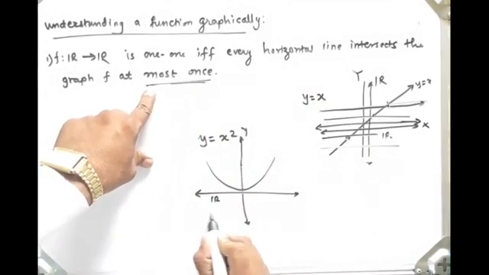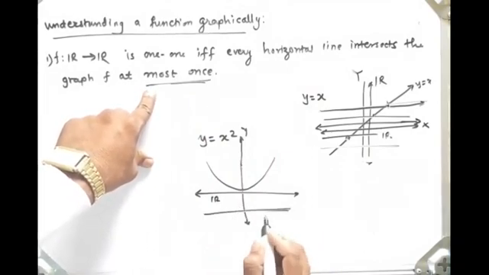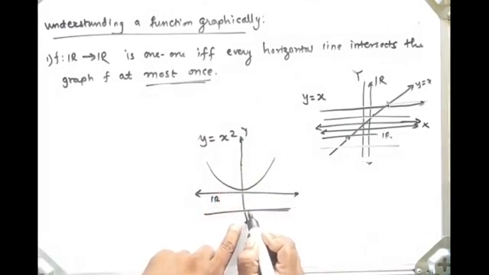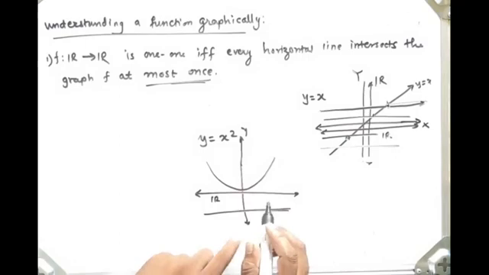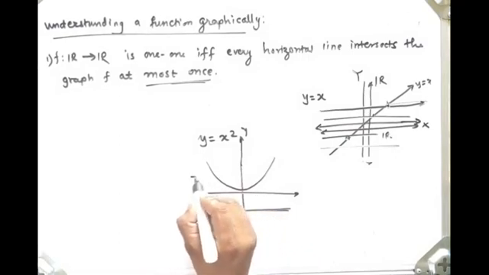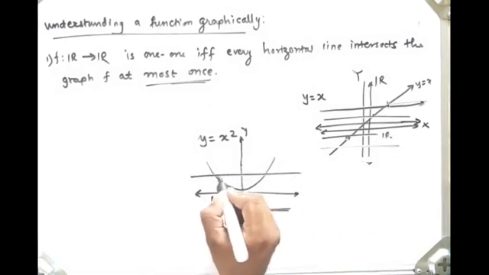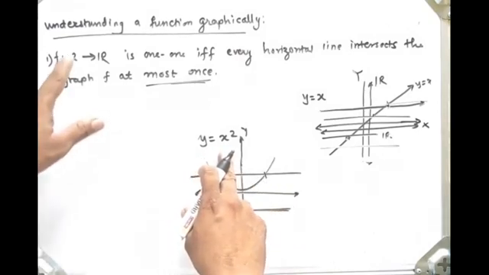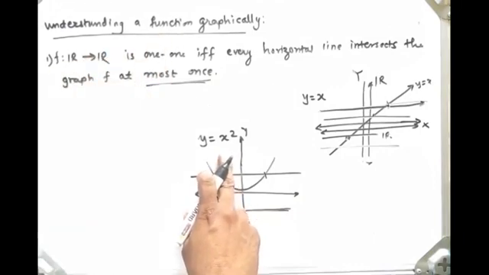But if I draw the horizontal line here, there is no graph, so there is no intersection. Now if I draw a horizontal line here, it cuts the graph in two points, so the function y is equal to x square from R to R is not one-one function, right?